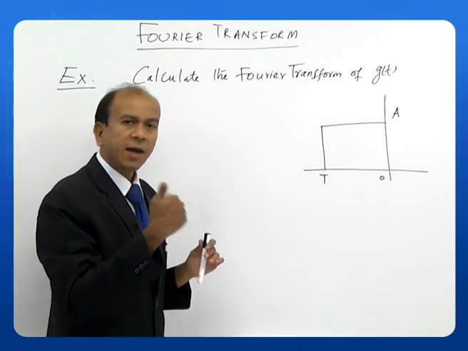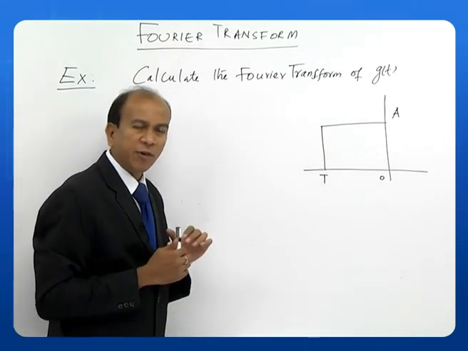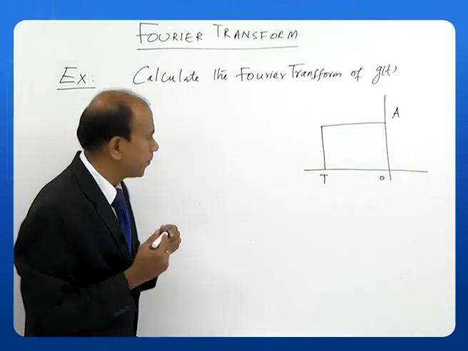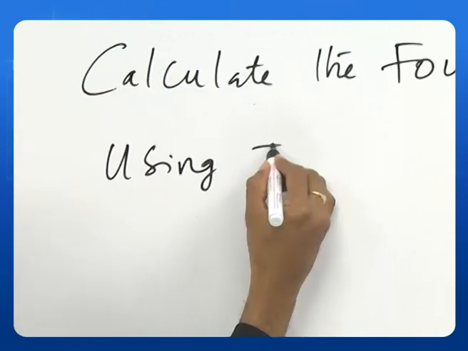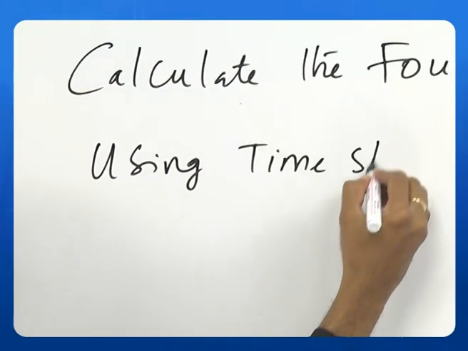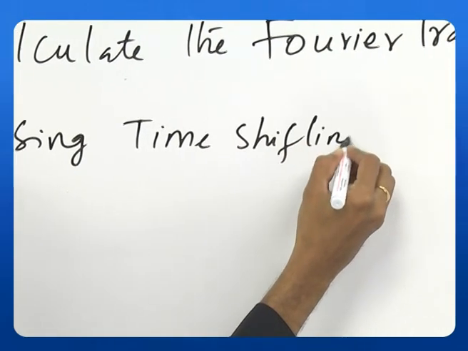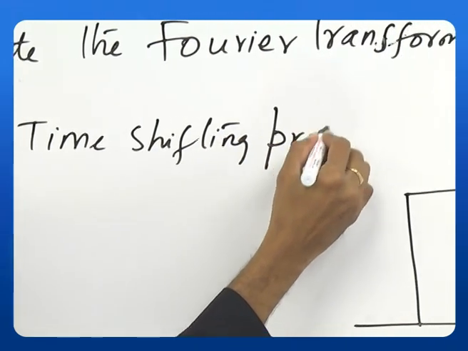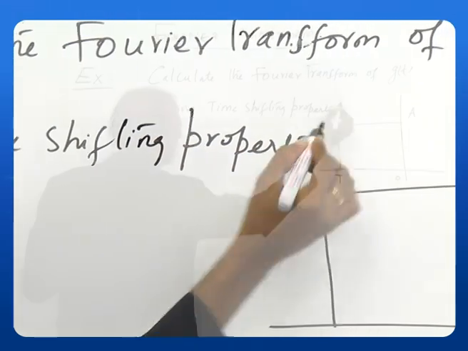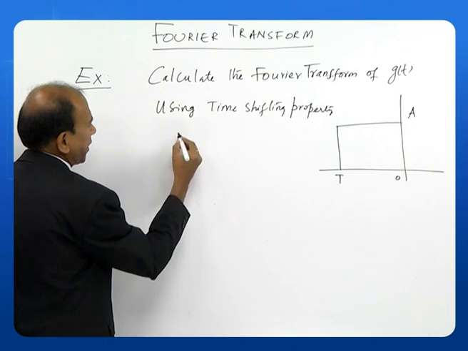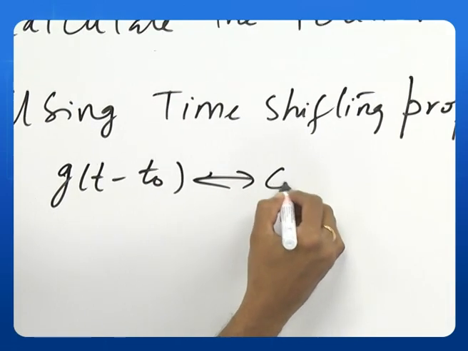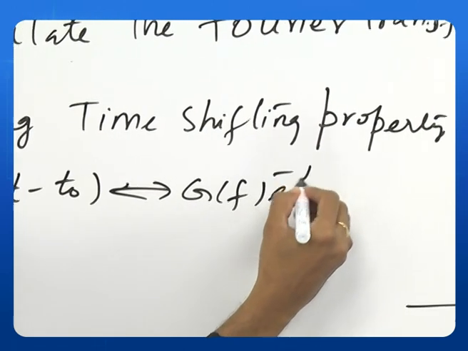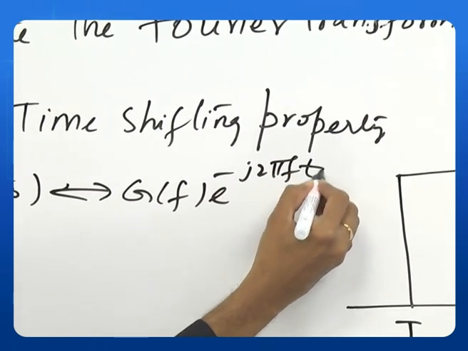Now, let us apply again the time shifting property of Fourier transform and find out this directly. So, using the time shifting property, what does it say? g of t minus t naught will have G of f e to the power of minus j2 pi f t naught.